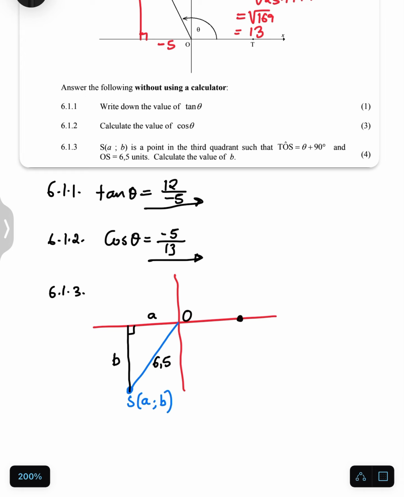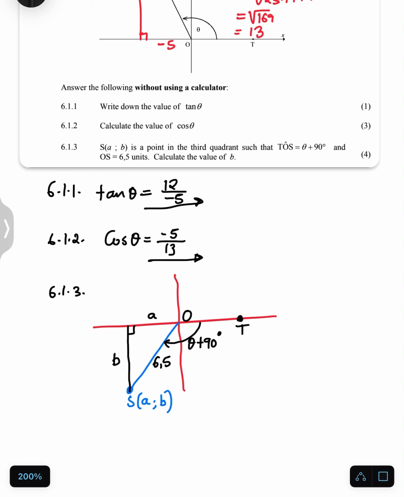So if this is T, the angle between T and OS, or the angle TOS, is theta plus 90 degrees.